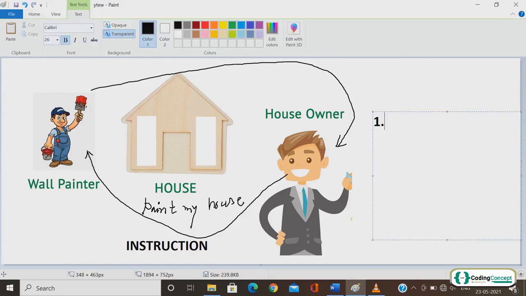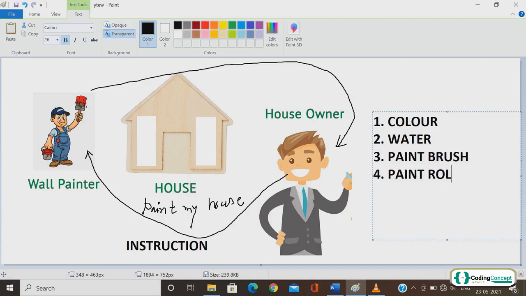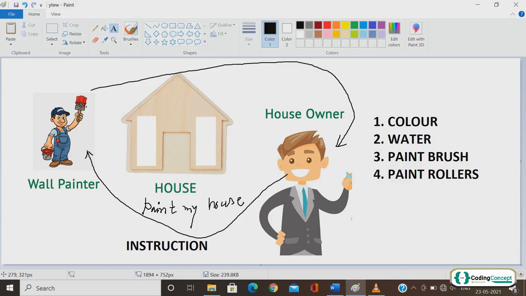Number one, color. Second one, water. Third, paintbrush, isn't it? And then paint rollers. So these are the materials and equipments which are required by the wall painter to paint the house.